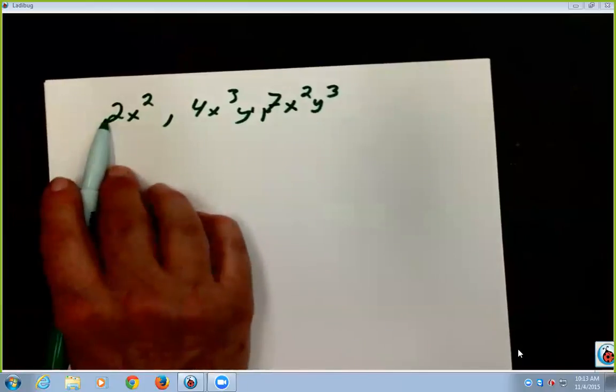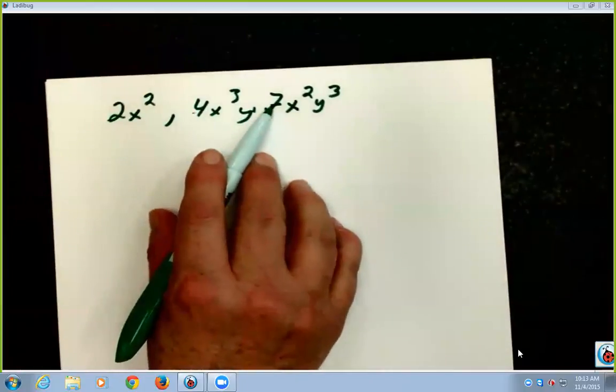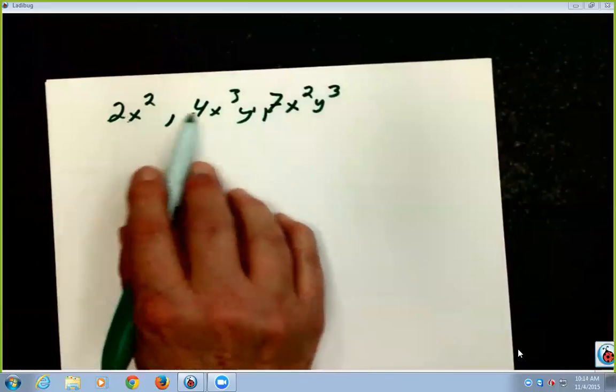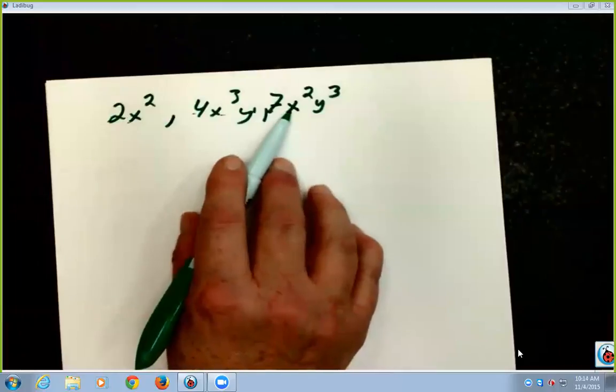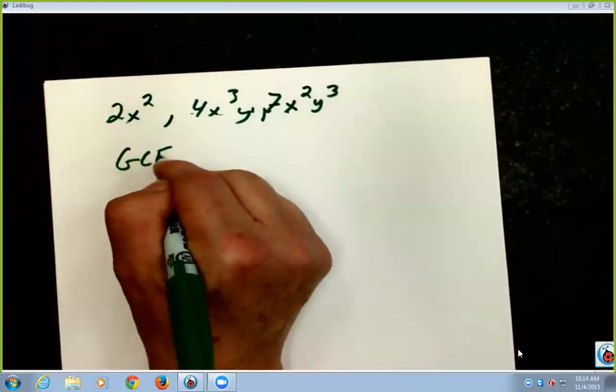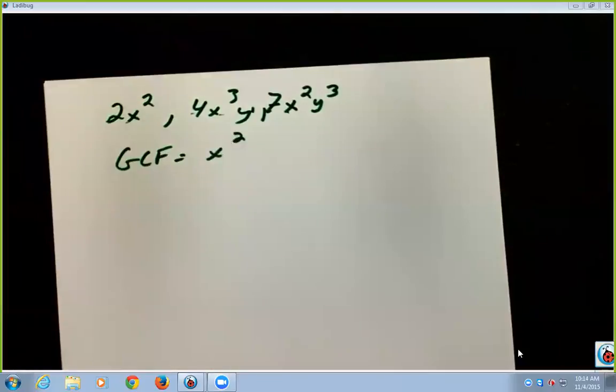Numerically, I have a 2, a 4, and a 7. Can I take any numbers out? Only 1. x squared, x, and x squared. So I can pull out an x squared.